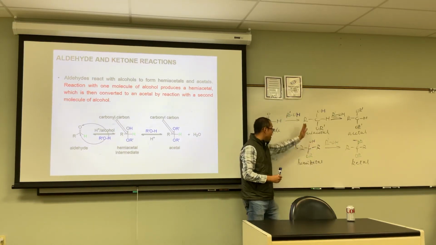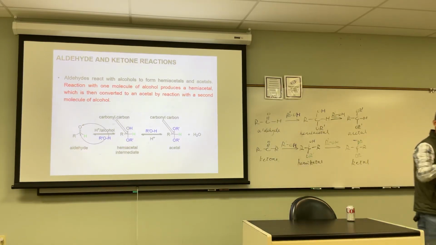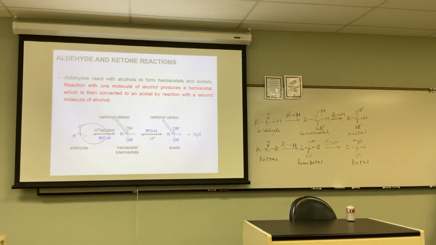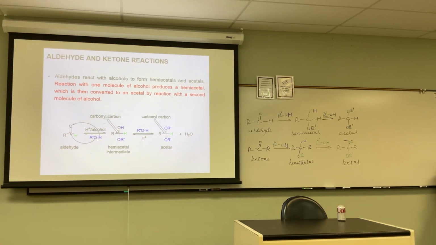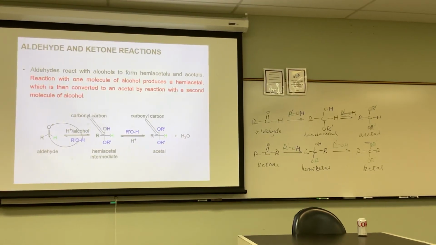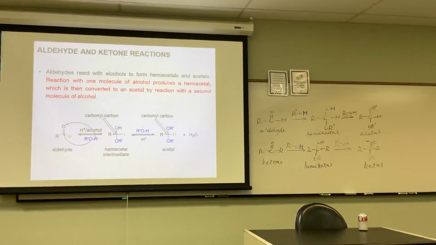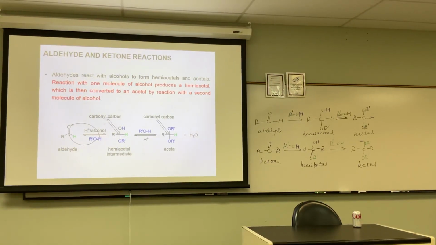This is the initial products, these are the what? The final products. So how do we recognize them? Let me zoom a little more so you guys can see better.